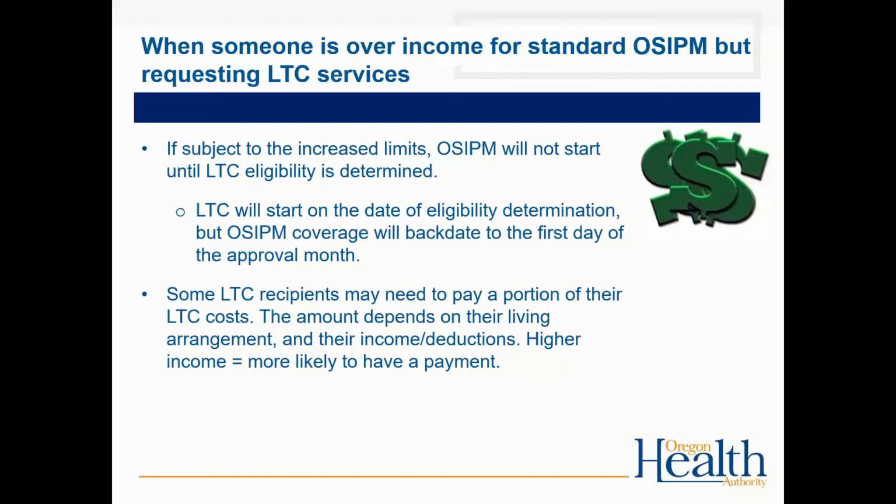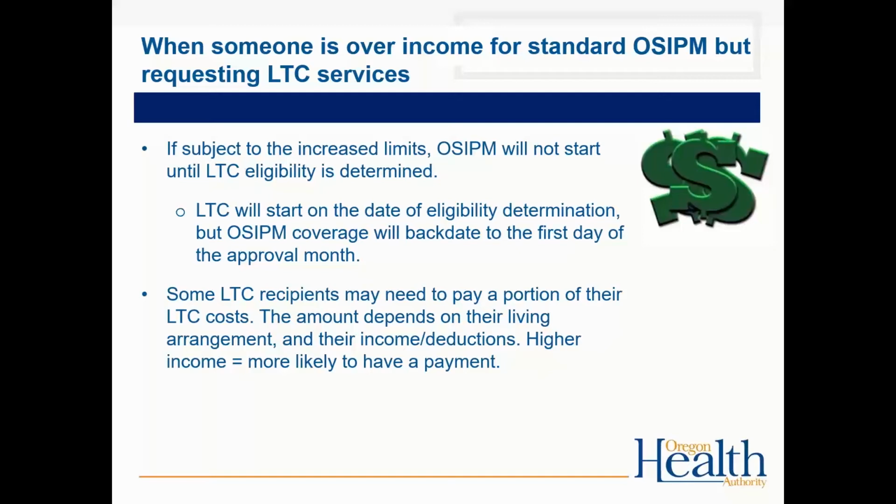They won't get that medical benefit until that long-term care eligibility is determined, because it's dependent on that long-term care need. The long-term care will start on the date that they determine eligibility, but then we'll backdate their OSIP-M medical start date to the first day of that month.